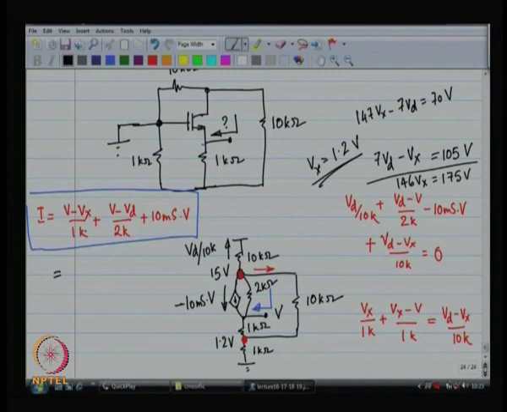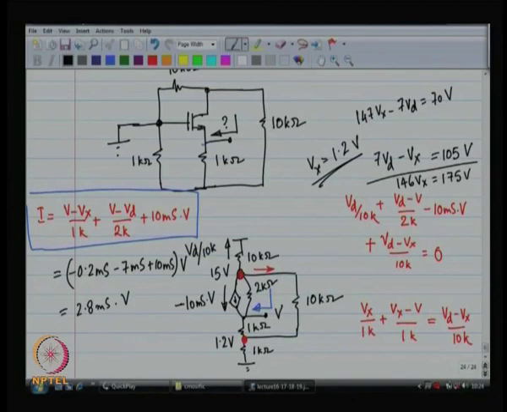So, V minus Vx is about minus 0.2, V minus Vd is minus 14, which means that the resistance looking in over there is about 1 by 2.8 millisiemens.